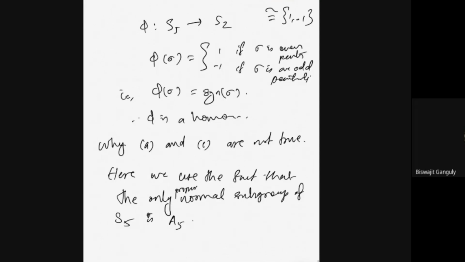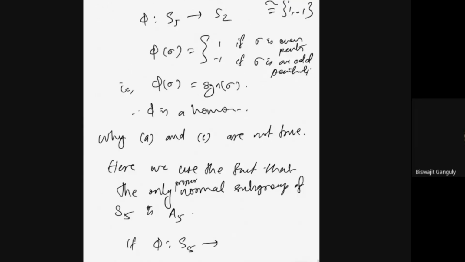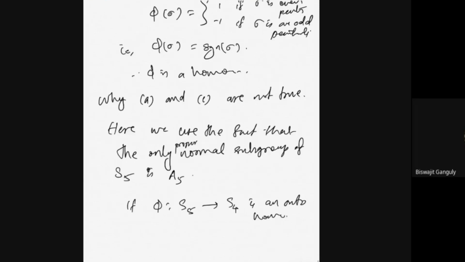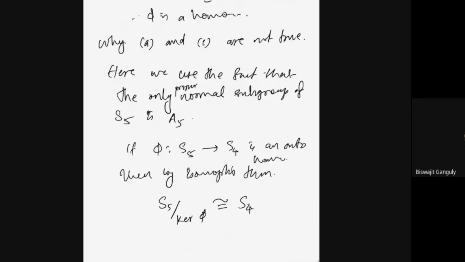If phi from S5 to, let's say, S4 is an onto homomorphism, then by the isomorphism theorem S5 by kernel of phi will be isomorphic to S4, but the kernel of phi is either identity, A5 or S5.